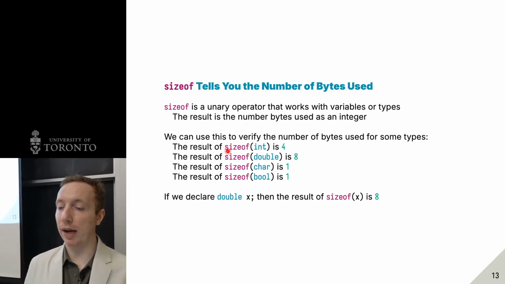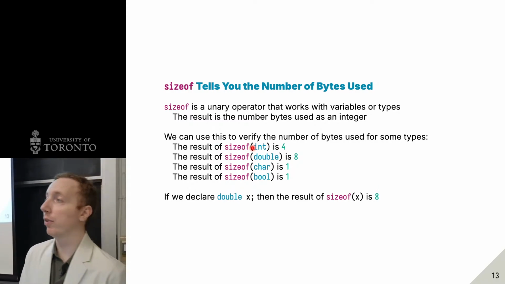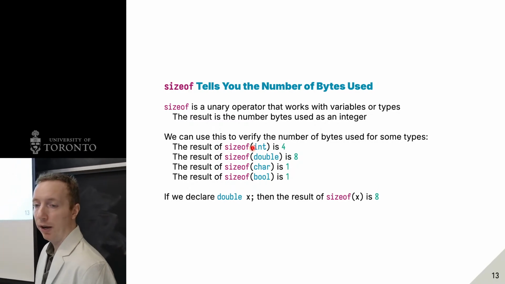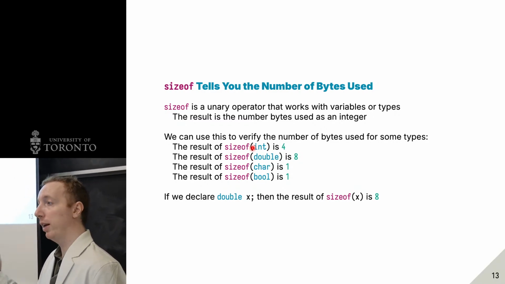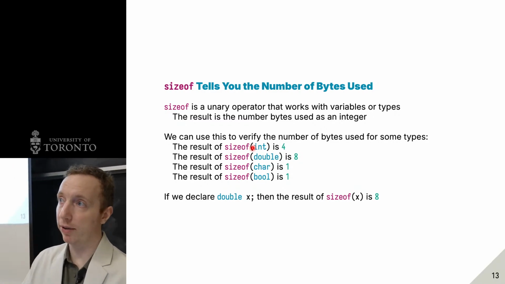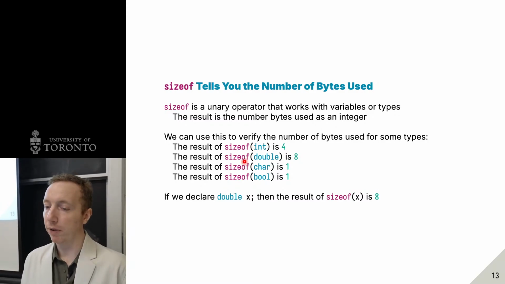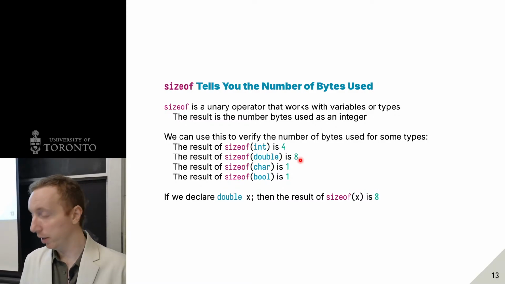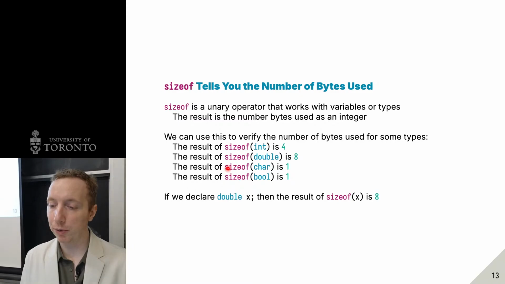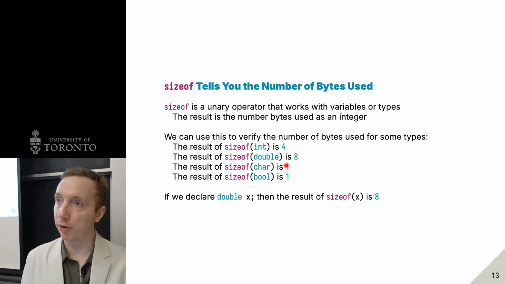So if I do sizeof(int), it results in the value 4, because an integer is 4 bytes, as we discussed before. If I do sizeof(double), the result is an 8. If I do sizeof(char), the result is 1 byte.